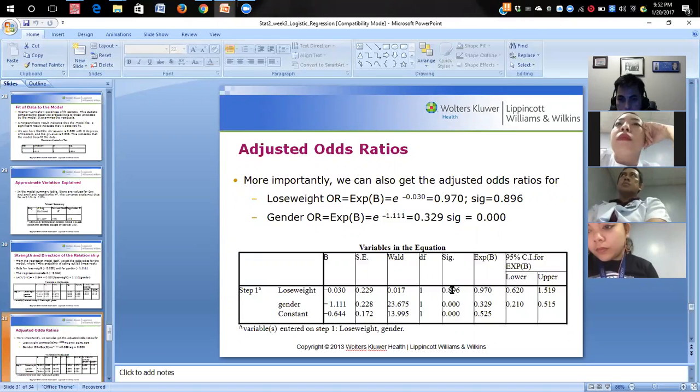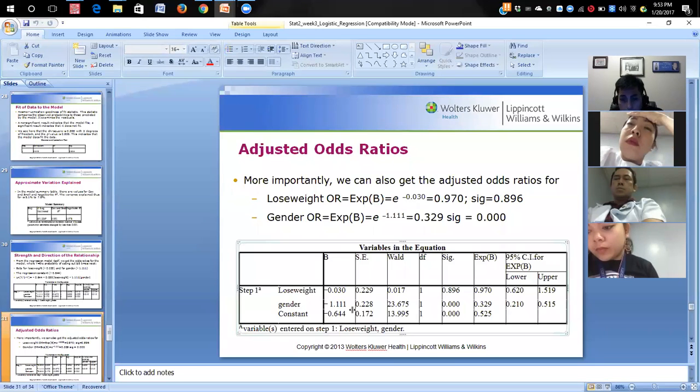Our independent variables are whether those who try to lose weight, and the gender, and our dependent variable is binary, which is eating more than 5 times, and the opposite of that is eating less than 5 times.